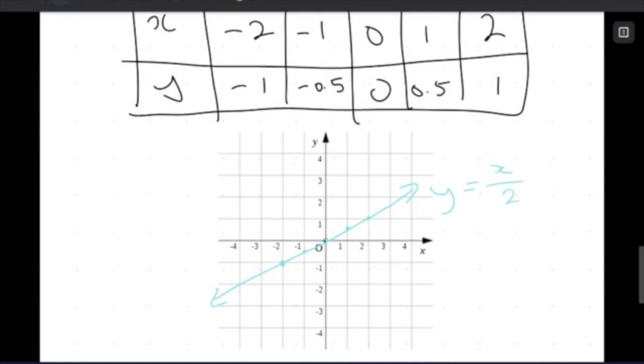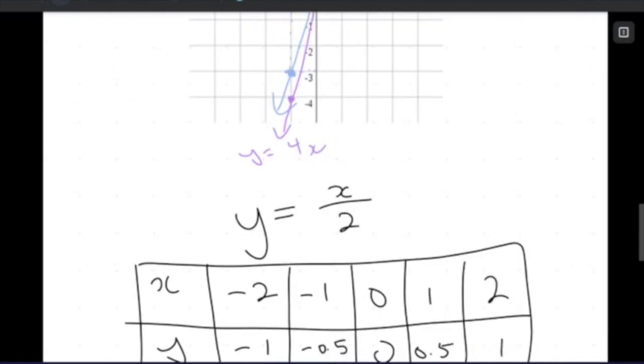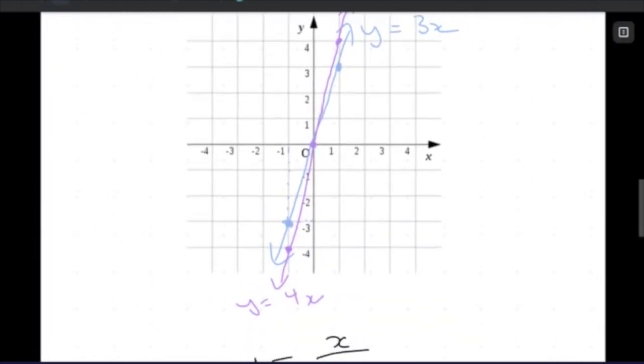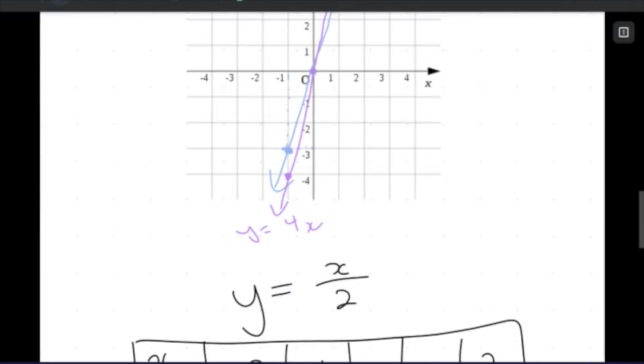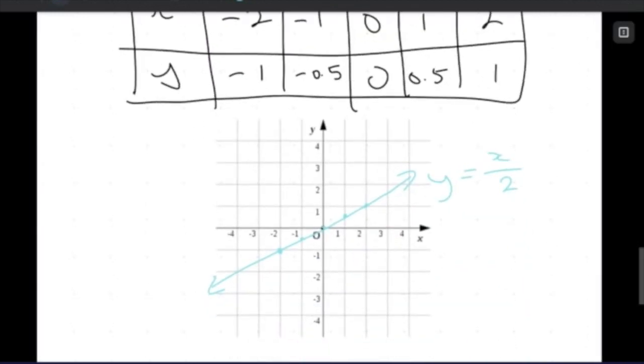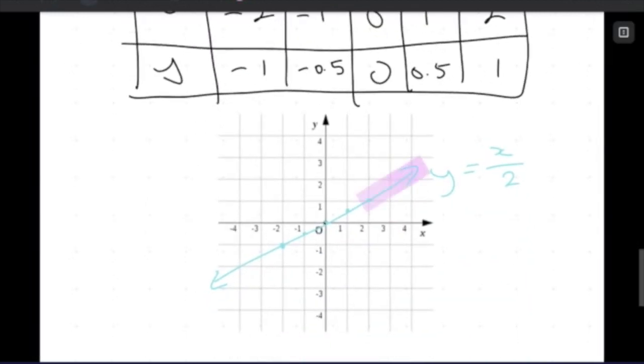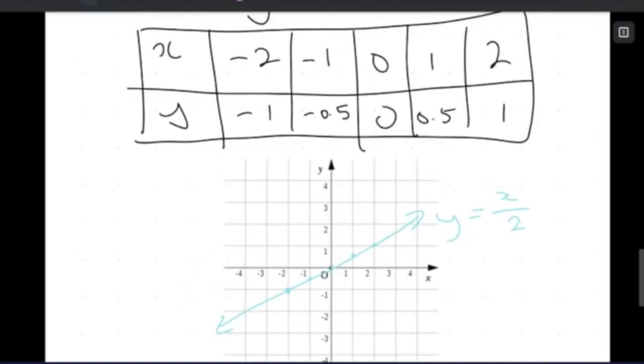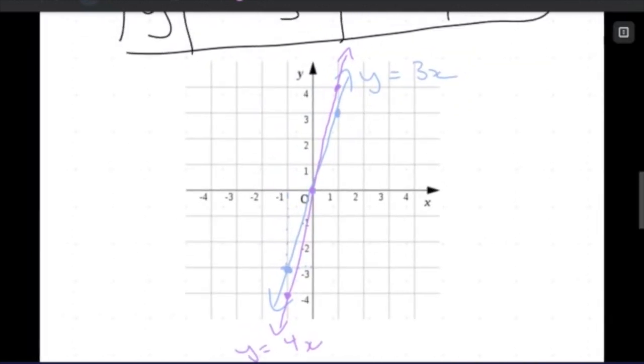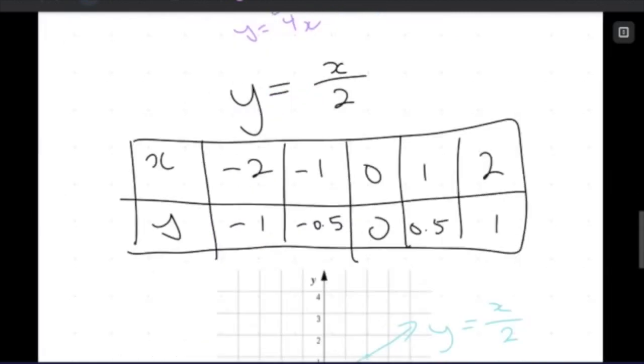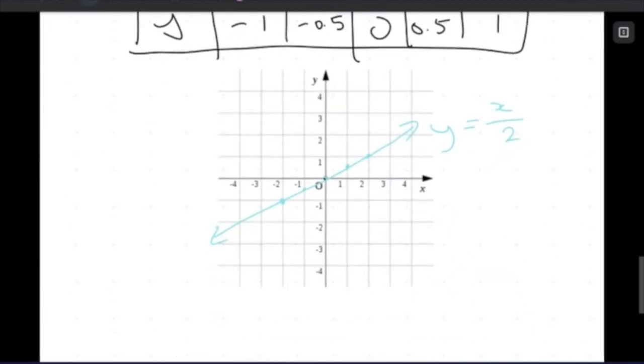And let's compare this one to our other ones. Well, you should immediately be able to see that the slope here is a lot more gentle. This is a very gentle slope in comparison to how steep these two are. So we can say that anytime we have a fraction here, y is actually going to change at a slower rate than x is.